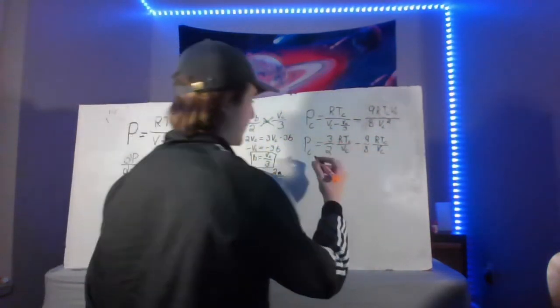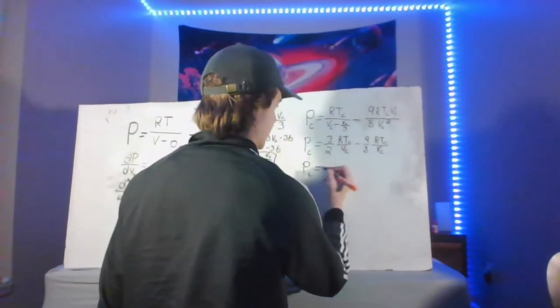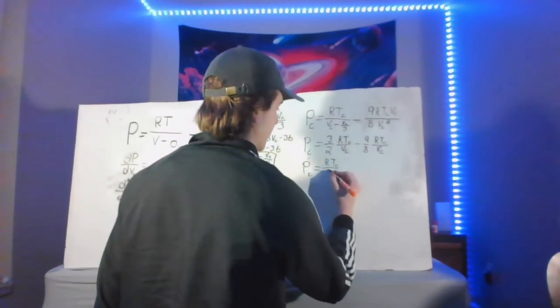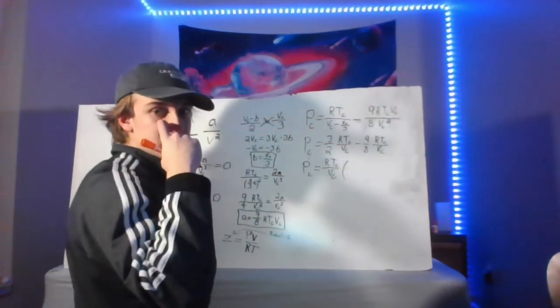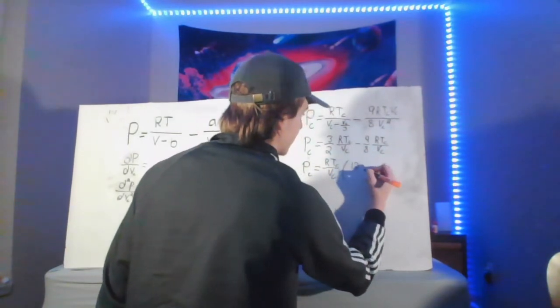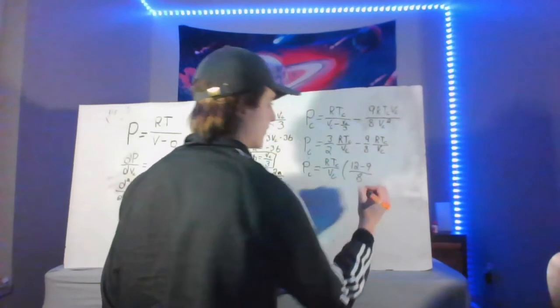So now we can combine these and get the critical pressure is equal to R times the critical temperature over the critical volume times (12/8 minus 9/8).